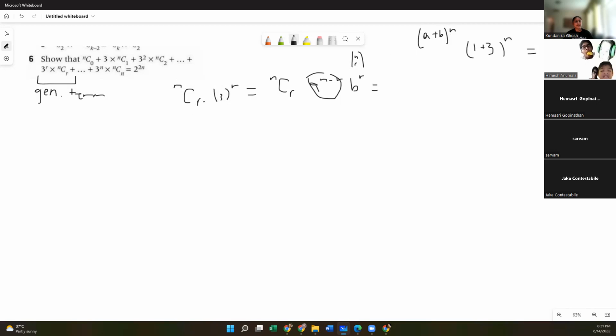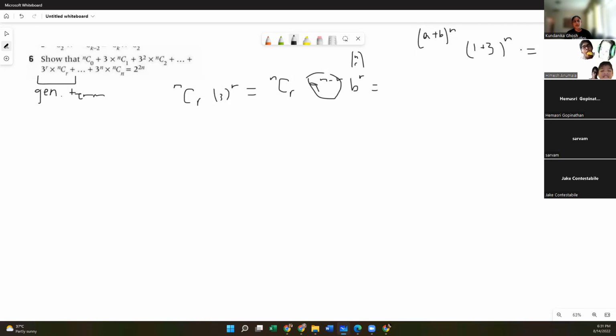And because there's nothing else in your general term, that means the other number is just going to be 1. So you have 1 plus 3 to the power of n, right? Because we substituted in 1 for a, which over here just gives you 1, and then plus 3 to the power of n.